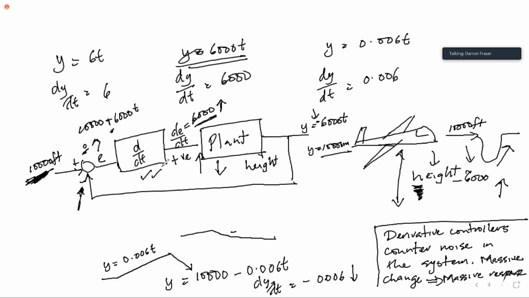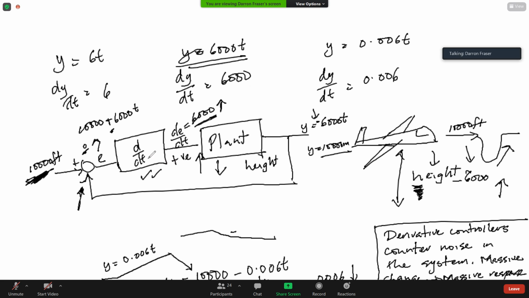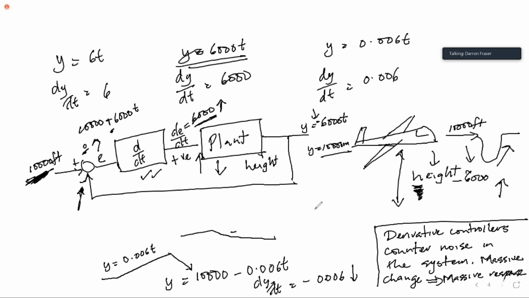So our integral controller, when you want the rate to be constant and the error to be zero. The derivative controller, when you want to take out the noise, a system that is prone to noise, a whole heap of noise, then you want to get rid of the noise, which is really a spike. So you want to get rid of all of those and just maintain it at one constant value. So the derivative controller is there to counter that. So just to make the point now.